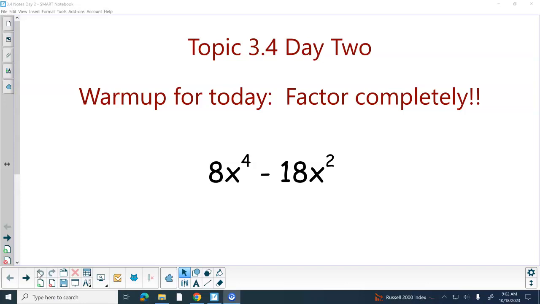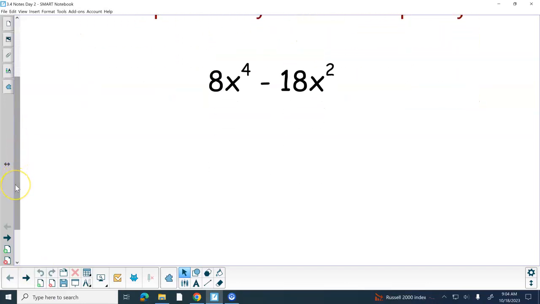Okay? So a warm-up today. Factor this polynomial completely, please. All right. Greatest common factor, first thing we look at, is there one? 2x squared.